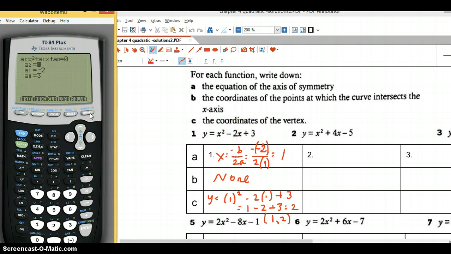And then we press solve. And it says no real roots found. Well, roots are the same thing as x-intersects, or x-axis intersects. So it's saying that this parabola never crosses the x-axis, which is what they were asking in B. If it had found intersections, it would give them to us here, but since it didn't, it just said that there's no real roots.